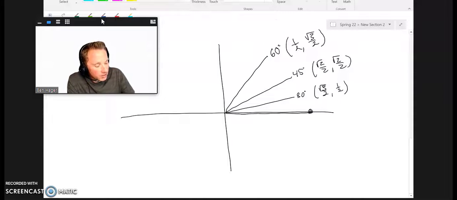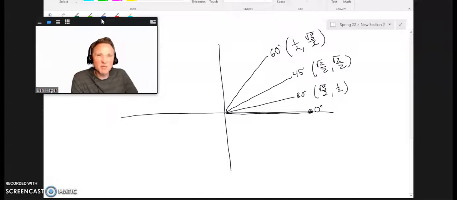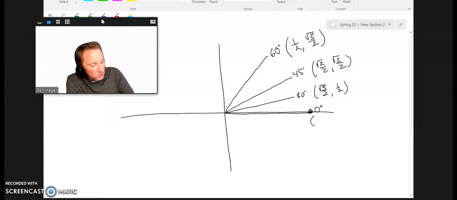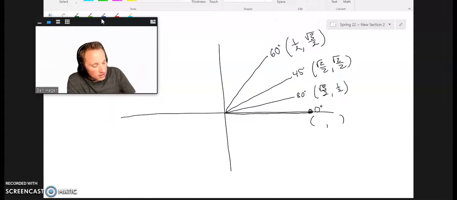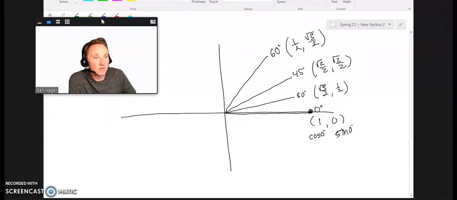At 0 degrees, remember that at any multiple of 90 or 0 degrees like this, SOHCAHTOA doesn't work, but I actually know what cosine and sine are. If I'm on a unit circle, that means any distance I go is only 1 unit long, right? So this point must have the ordered pair 1, 0. That's telling me that cosine of 0 is 1 and sine of 0 is 0.